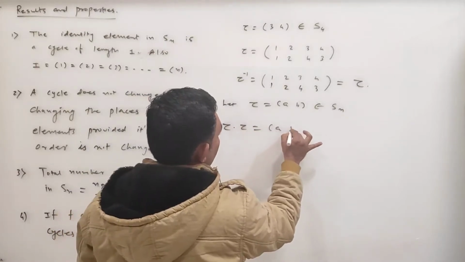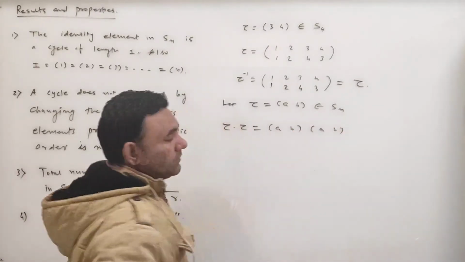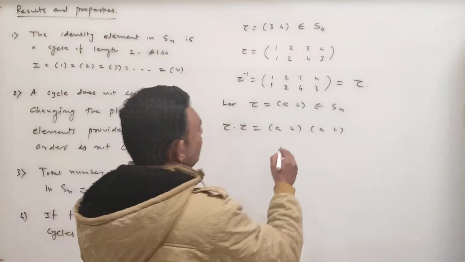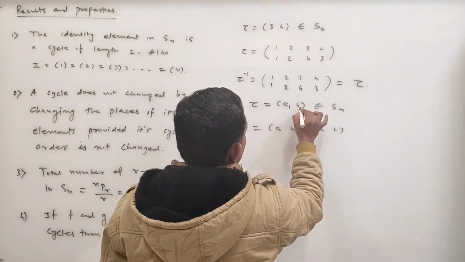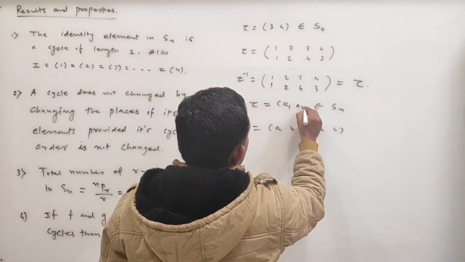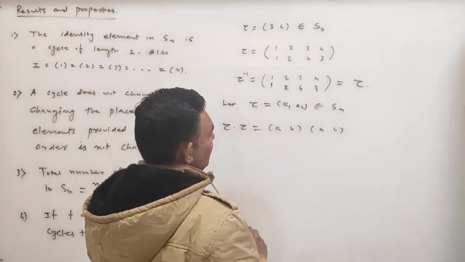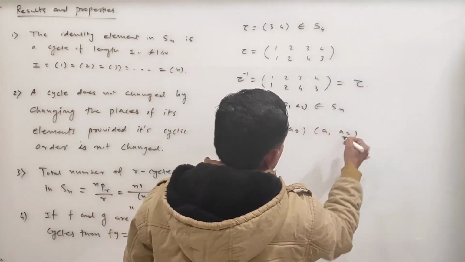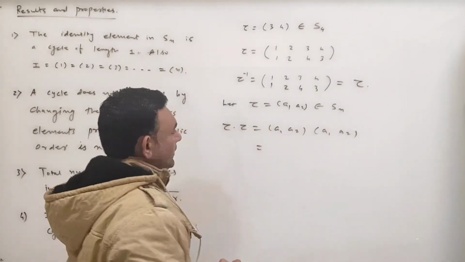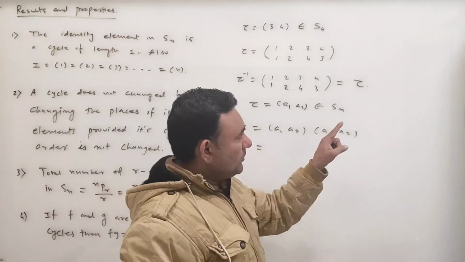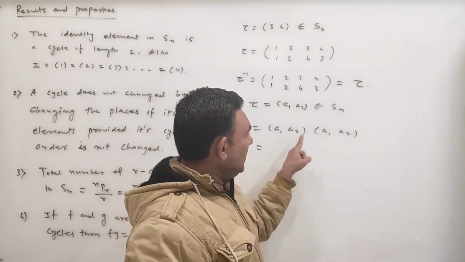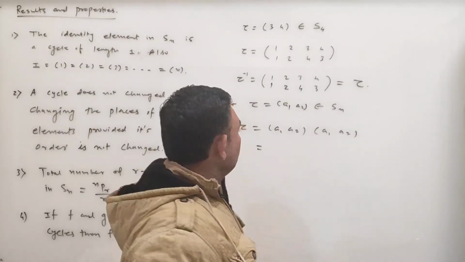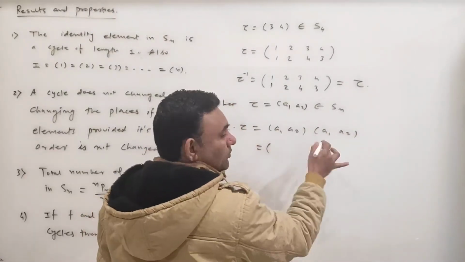So that is (a1 a2)(a1 a2). Any objects in Sn. तो देखो यहाँ पे a3, a4 up to an are invariant. Here also invariant. So you just find out the product.